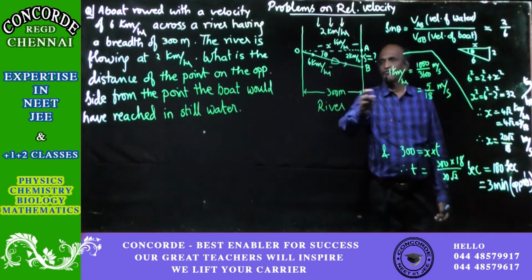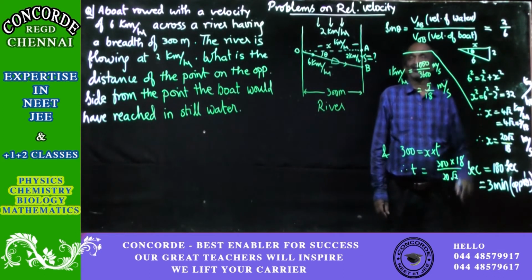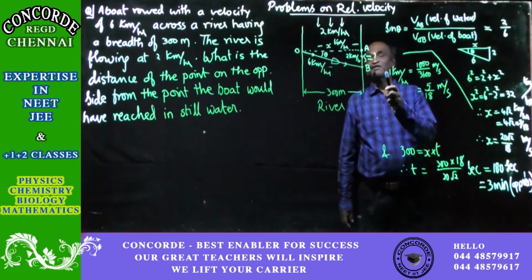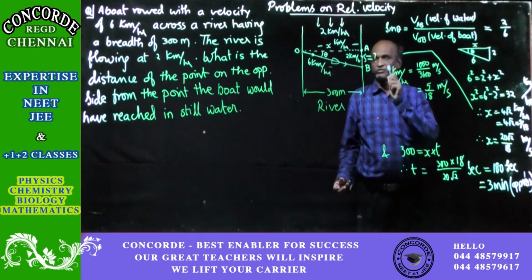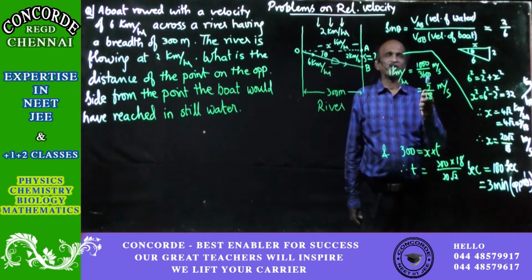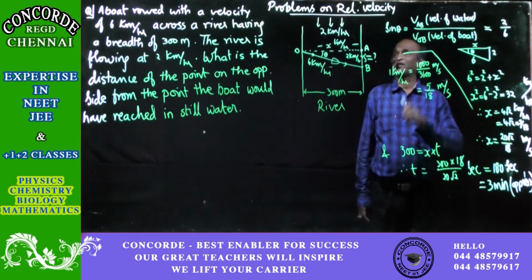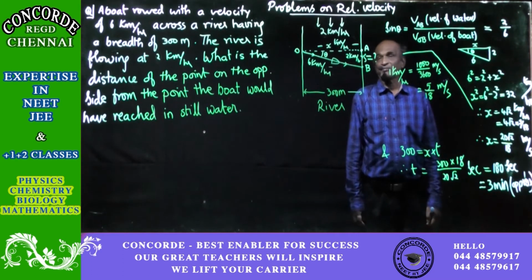Because the breadth of the river is given as 300 meters, convert this kilometer per hour into meters per second. For that, 1 kilometer is 1000 meters, and 1 hour is 3600 seconds. So 1 kilometer per hour will be 1000 by 3600, which if you simplify further is equal to 5 by 18 meters per second.